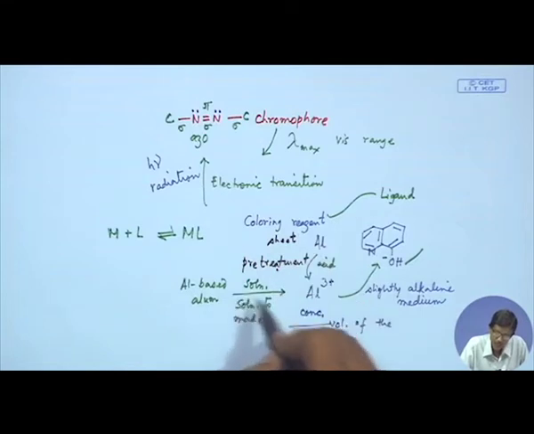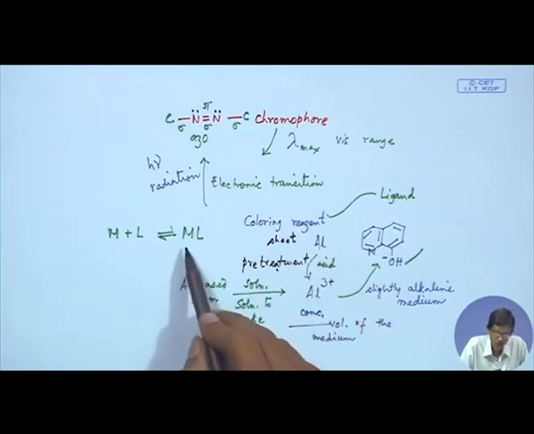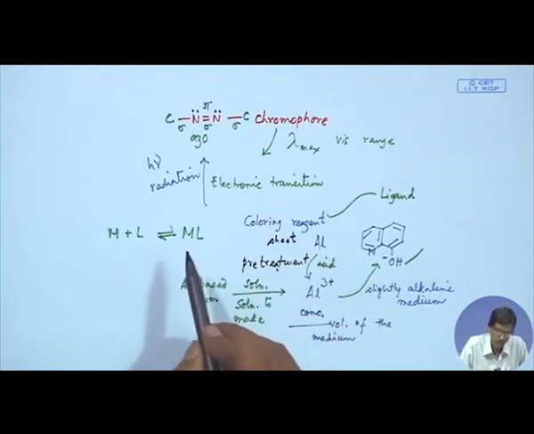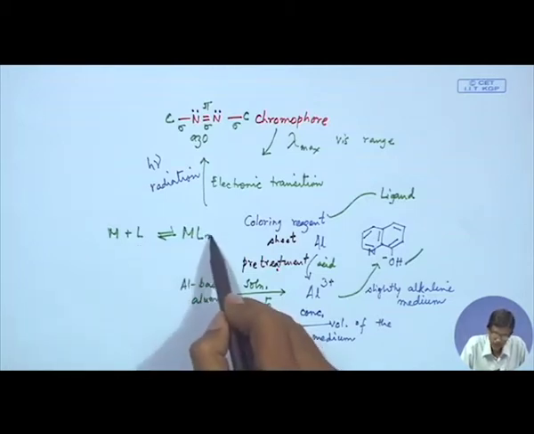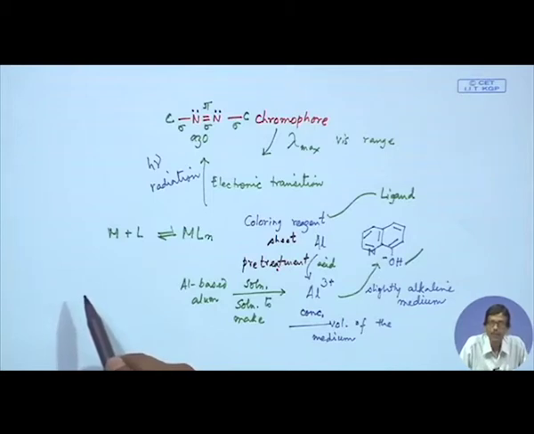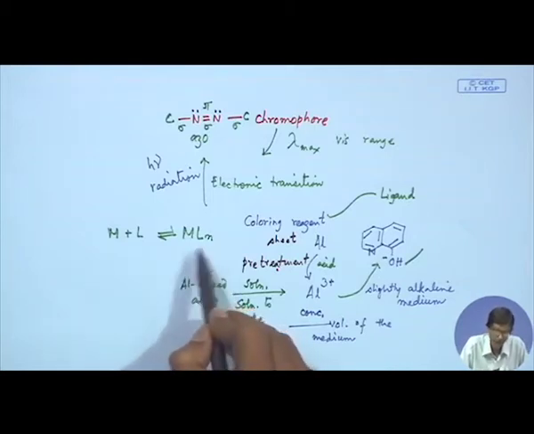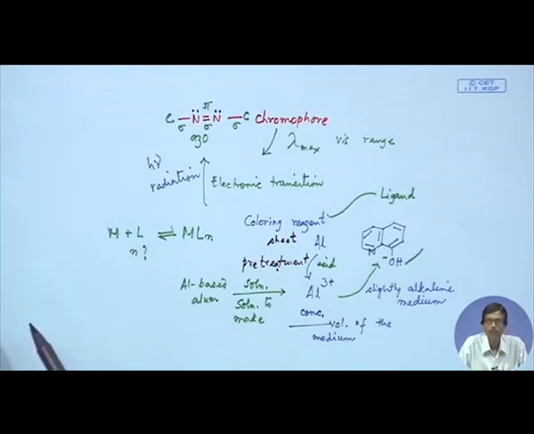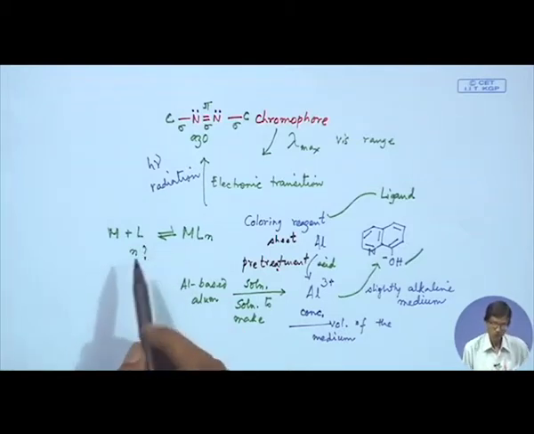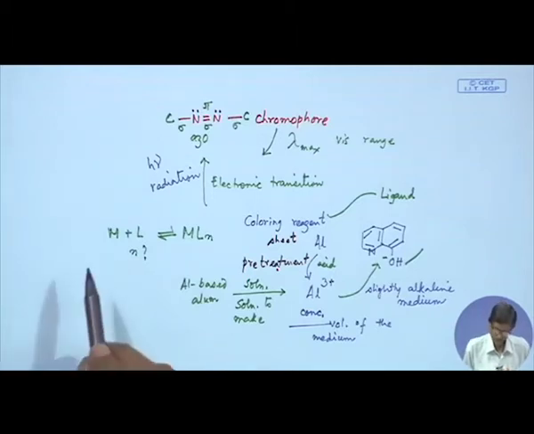But here this is the complex equilibrium for the formation of ML from M plus L. But if we ask why it is not forming MLn, what should be the value of n for this particular reaction, which was also true for your iron thiocyanate.